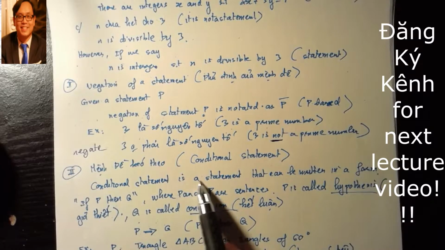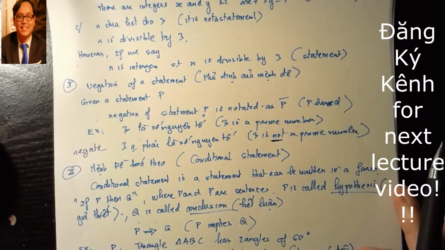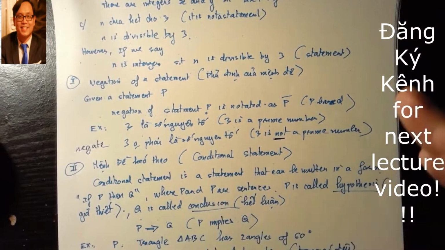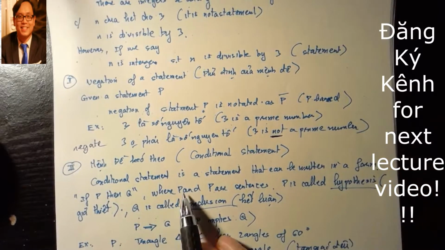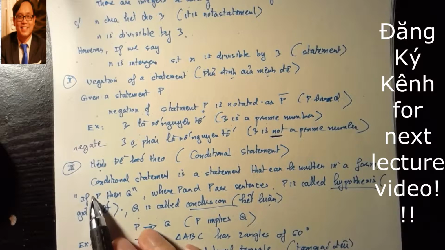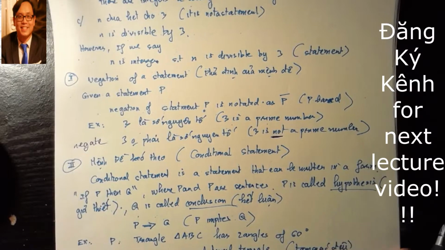Mệnh đề kéo theo là một mệnh đề viết trong dạng nếu thì. Chẳng hạn học tiếng Anh có cấu trúc câu là nếu thế này thì thế kia. Okay. So where p and q are sentences, cái câu thứ nhất thì gọi là giả thiết. P is called hypothesis. Hypothesis là giả thiết.